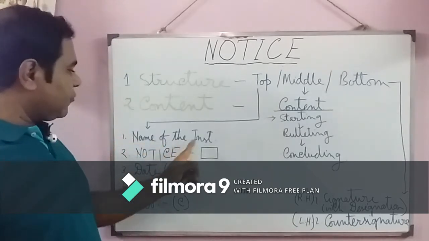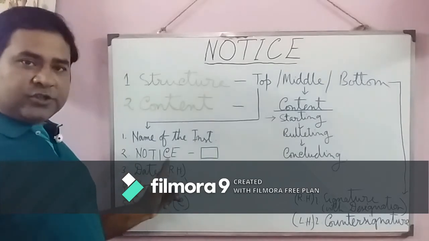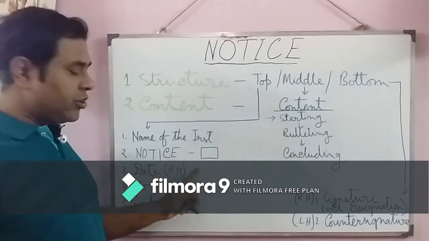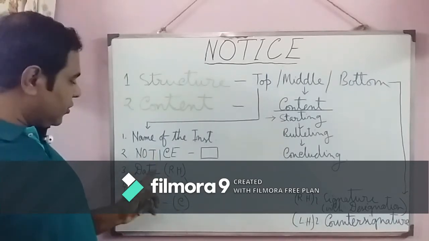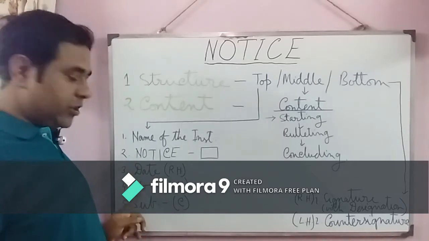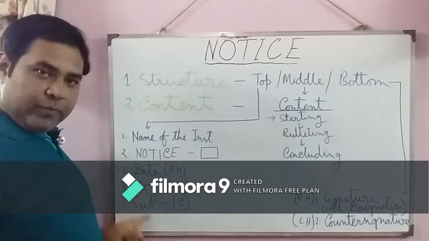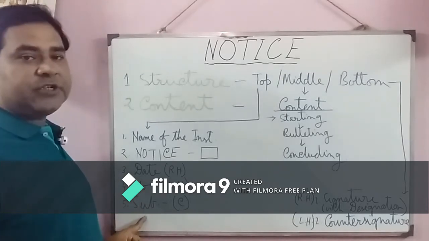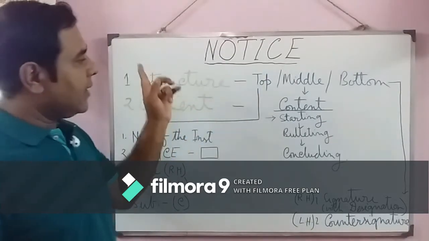At the very top we have to write the name of the institution, then we have to write notice, mention it and put it in a box to highlight. Then at the right hand side, just below the notice, we will put the date, and on the left hand side, just below the notice, we will put an imaginary number, and below that we will put the subject of the notice. This comprises the top part of the structure.